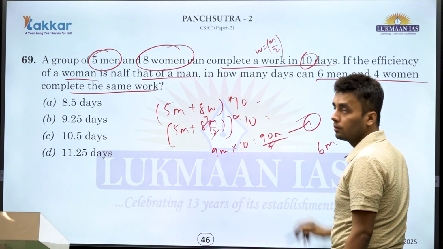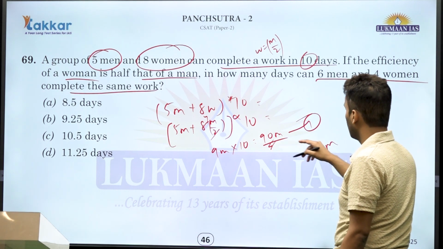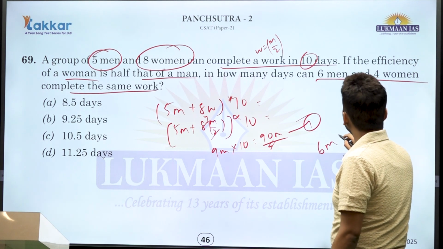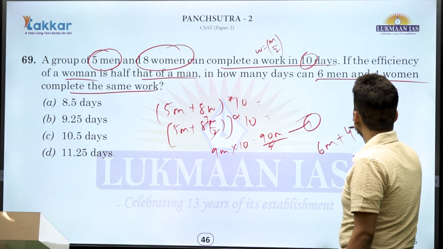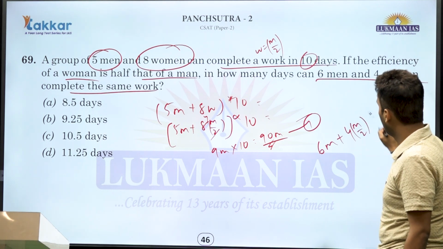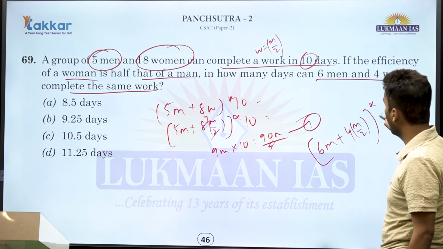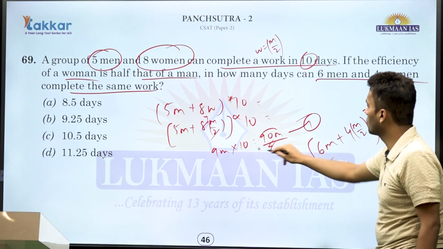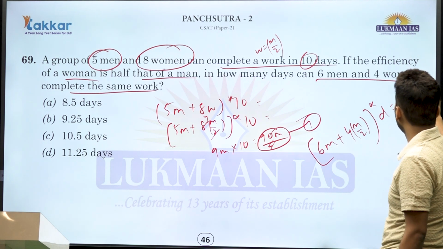This is the total amount of work, which will be the same in both the cases. 6 men and 4 women. Again we will substitute the value of W as m by 2. We do not know the number of days which we need to find out, and that is equal to the total amount of work, that is 90m.